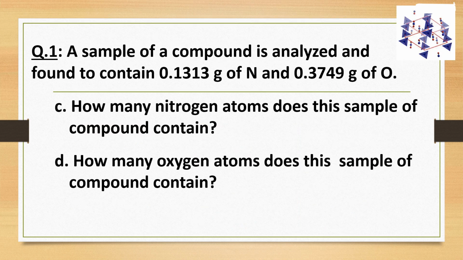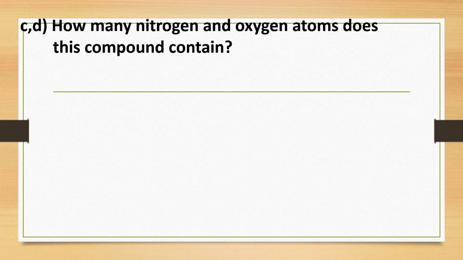Once we calculate the mole numbers of nitrogen and oxygen, we can use that information to convert the mole numbers into other units. For example, here we wanted to convert into atoms. To calculate the atom numbers of these elements, we first start with the mole numbers that we calculated in the previous slide.